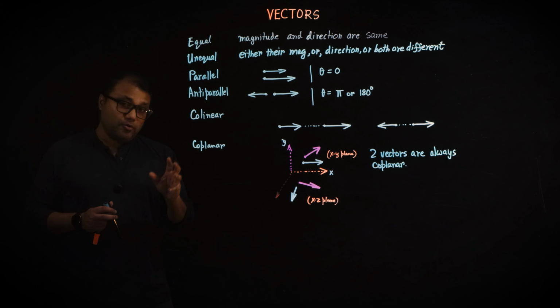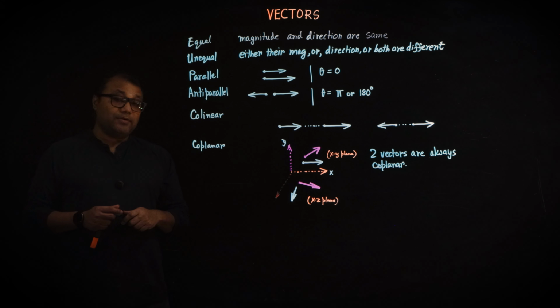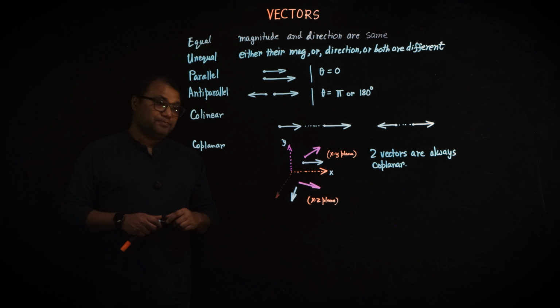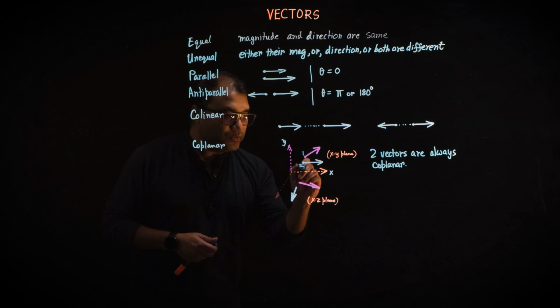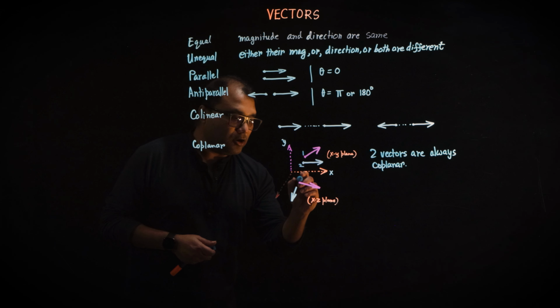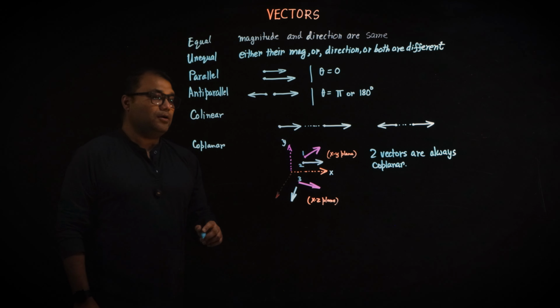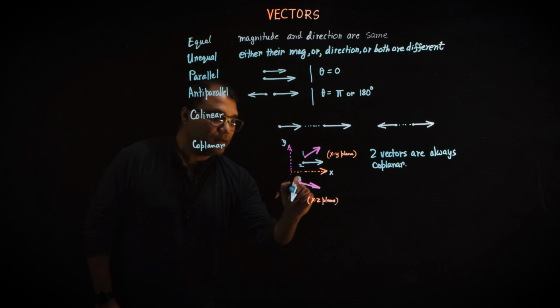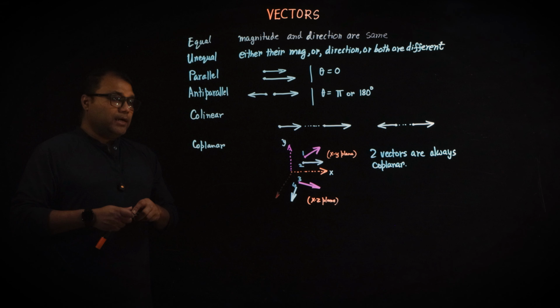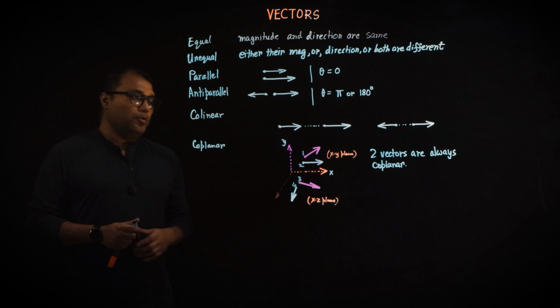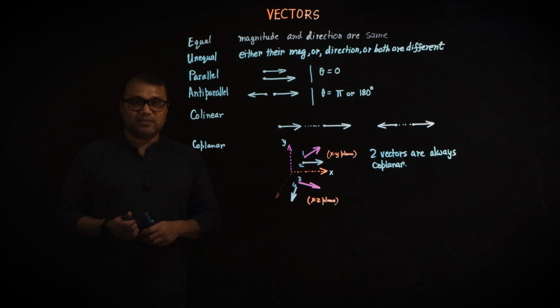This concept of coplanar vectors really makes sense when we have three or more vectors. Now vector 1 and vector 2 are coplanar, but they are not coplanar with vector 3 or vector 4. So understand that concept. What are coplanar vectors? Hope I made myself clear.